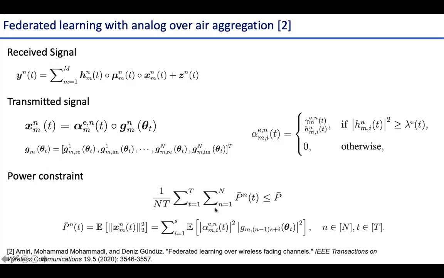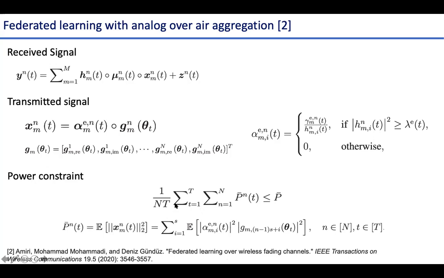Again, as I mentioned, alpha has to be chosen such that the power constraint is not violated. Therefore, we need to solve this optimization problem in order to find the value of alpha. I'm not going to go into the details of solving this problem. The details are explained in this paper.